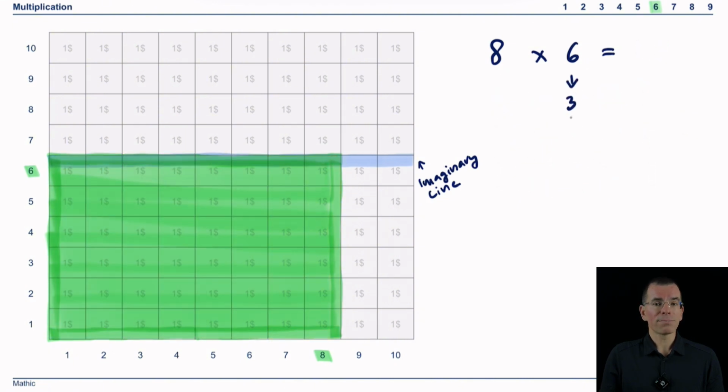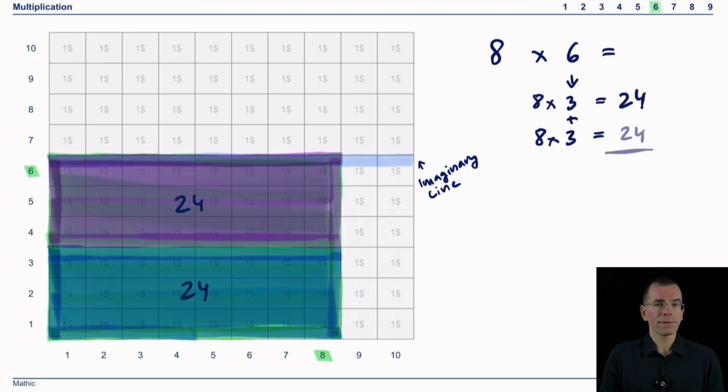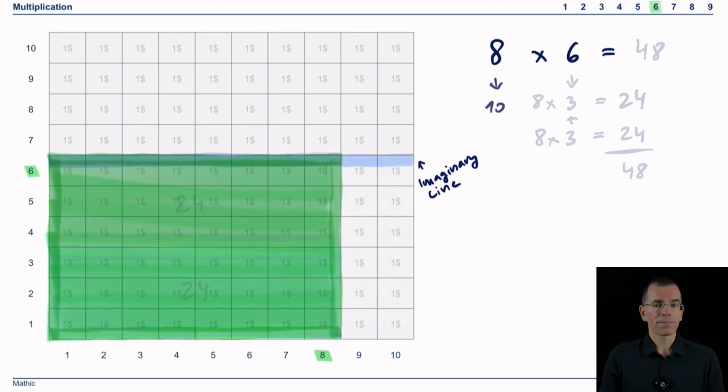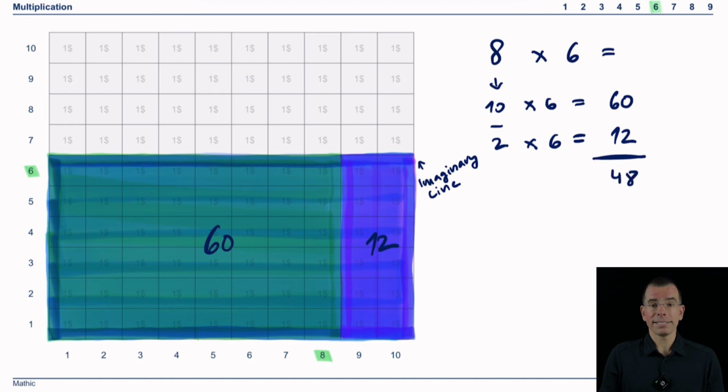Or we can split 6 into 3 plus 3 and calculate 8 times 3 plus 8 times 3, that is 24 plus 24. Or we can leverage the proximity of number 8 to 10, as 8 is 10 less 2. We can multiply 10 times 6 first, subtracting 2 times 6 in a second step, that is 60 less 12.